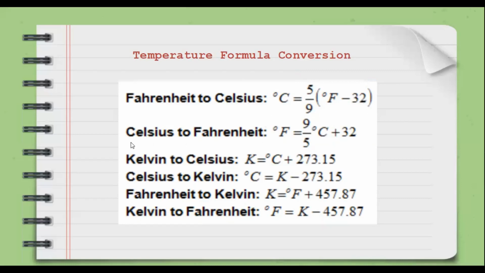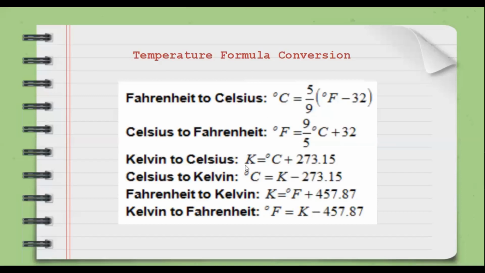We also have Celsius to Fahrenheit. Our formula is degrees F is equal to the opposite of this one, 9/5 degrees Celsius plus 32. So again, these are all standard formulas of temperature conversion.